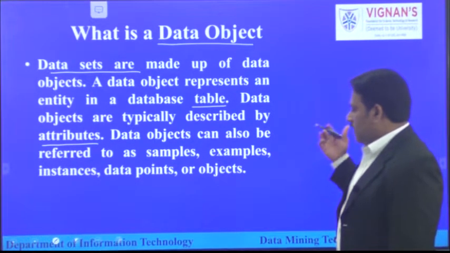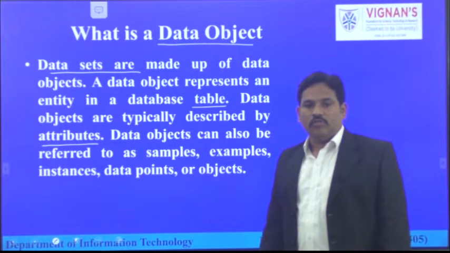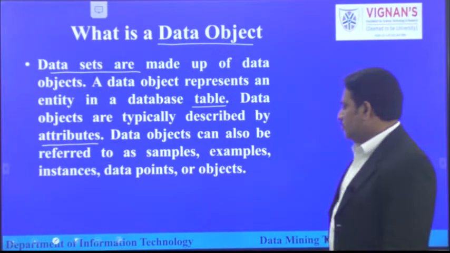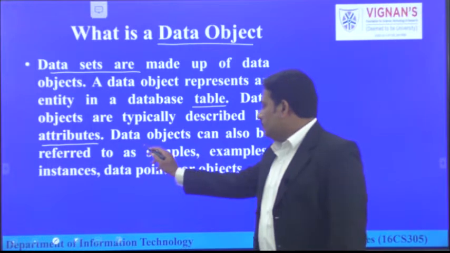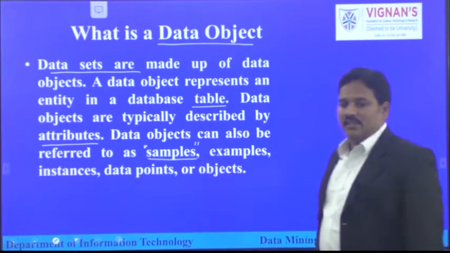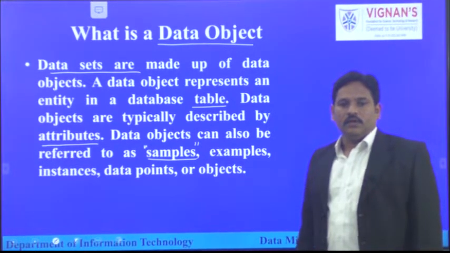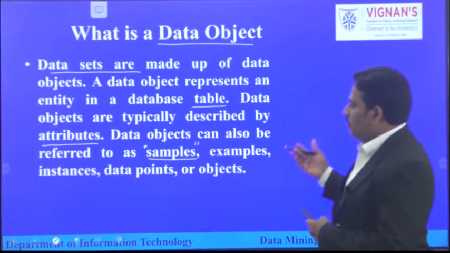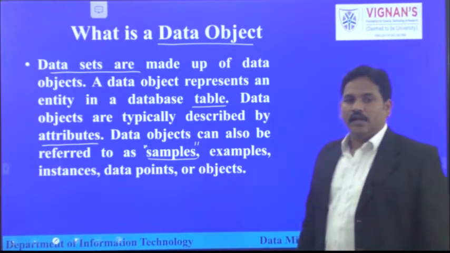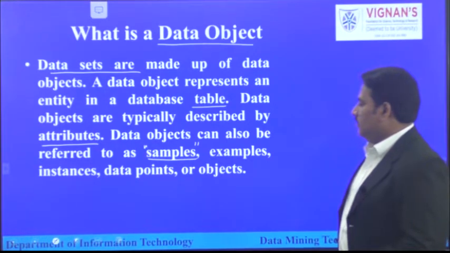Data objects can also be referred to as samples, instances, objects, values or data points. During this pre-processing activity, we can use these words as synonyms for data objects. So in simpler words, we can call a data object an attribute.